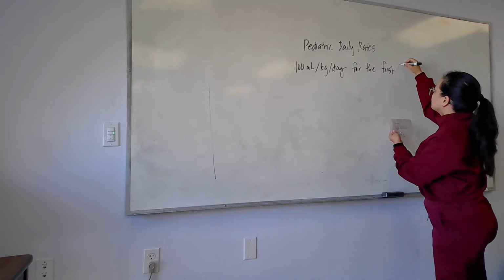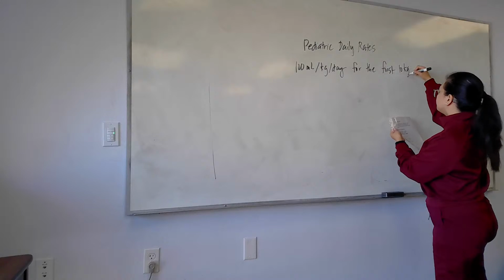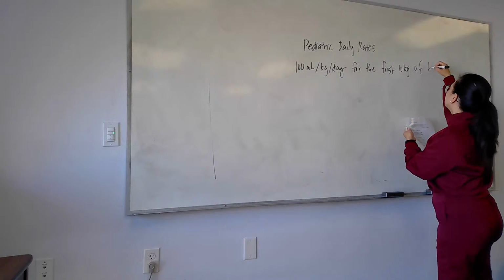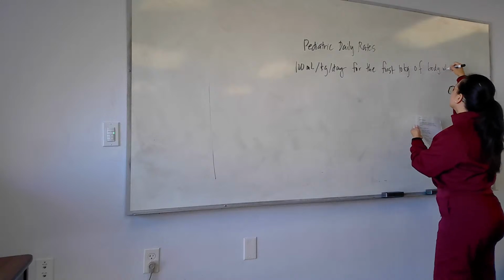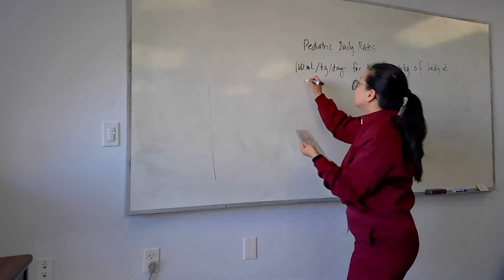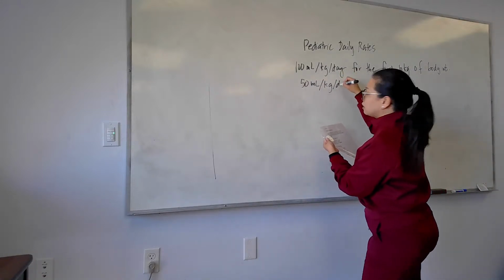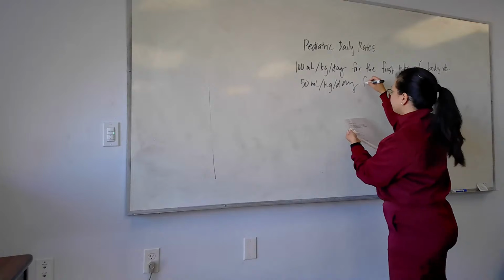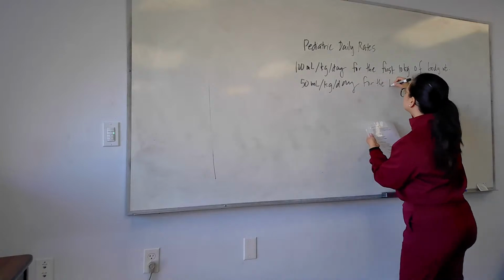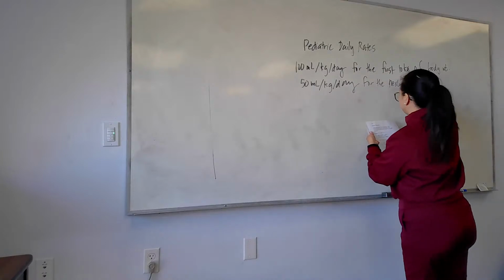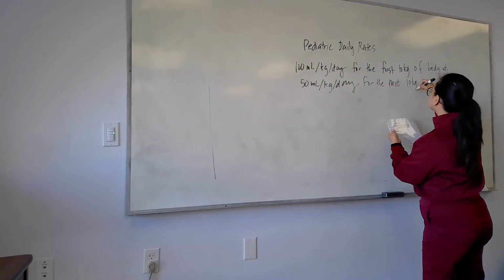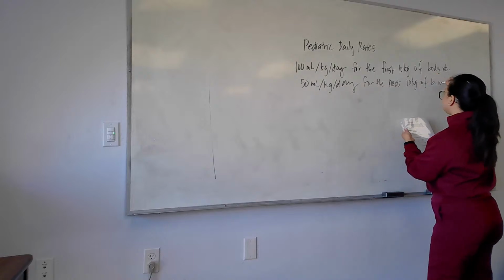Yeah, I haven't given you anything because I want you to pay attention. Kilogram of body weight. 50 ml per kilogram per day for the next 10 kilogram of body weight.